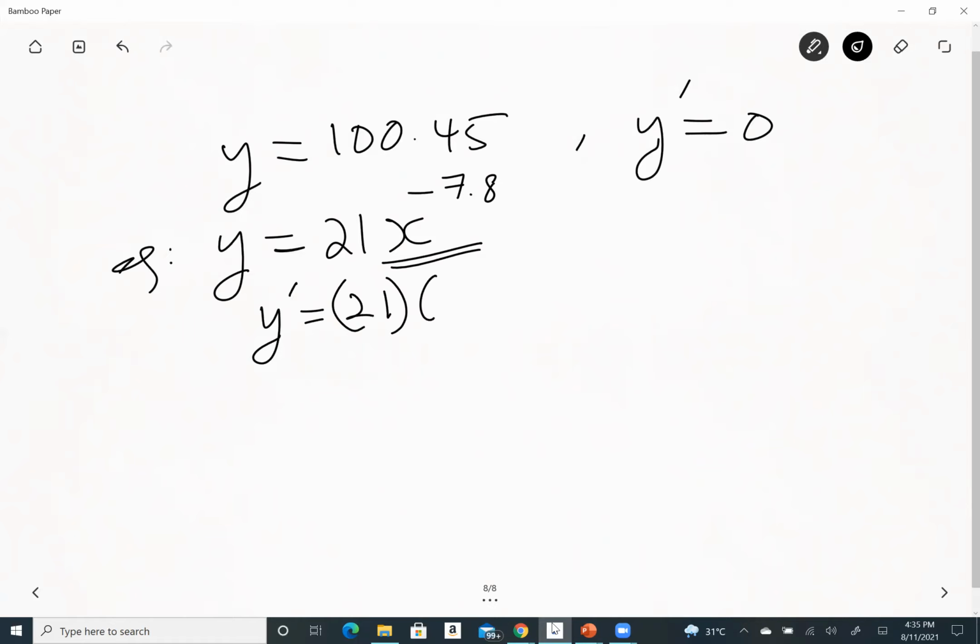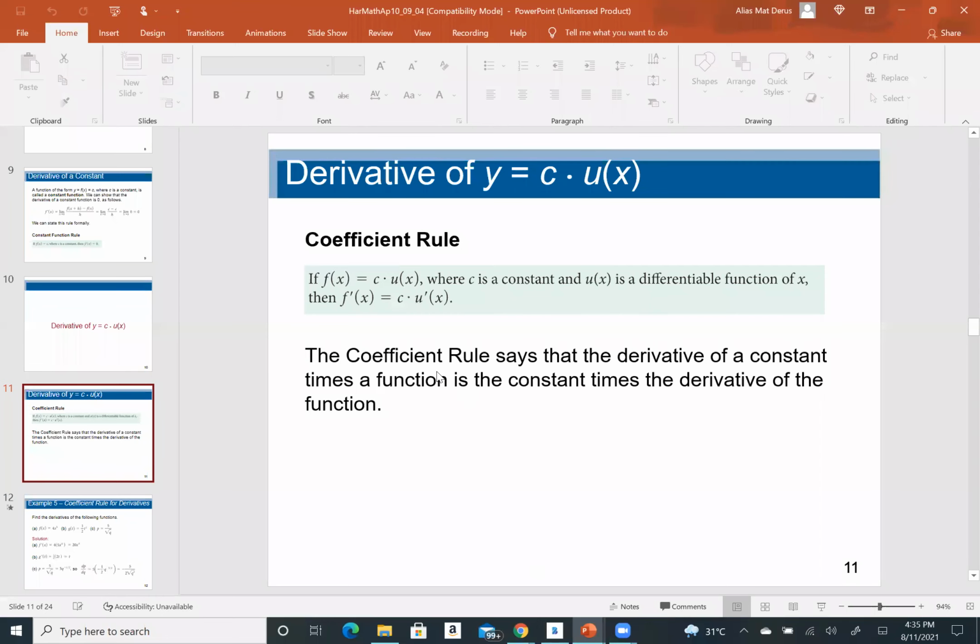What do I get? Negative 7.8 multiplied by x to the power of negative 7.8 minus 1, which is negative 8.8. Of course, you can multiply the two numbers to get some value. That's why we call it the coefficient rule, because the constant will just follow the derivative of the term in x.